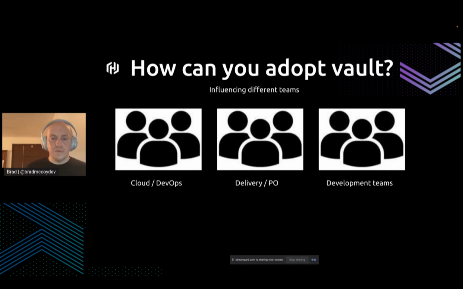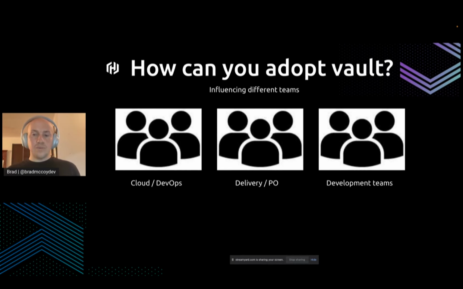And it's the same in engineering as well. You have the cloud DevOps team generally. You have a product owner as well who has deliverables, so they're sort of a blocker in a way, where they have a certain deliverable they have to meet. So you have to influence these people as well.